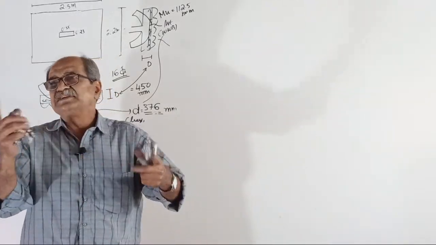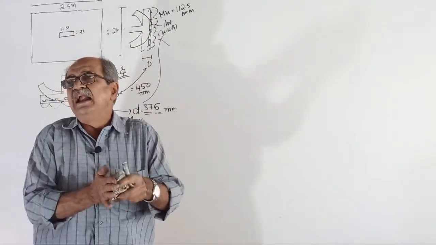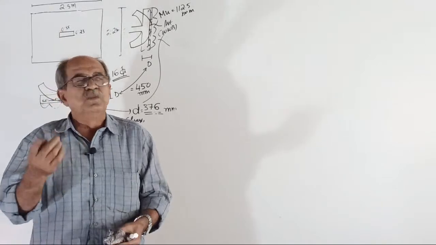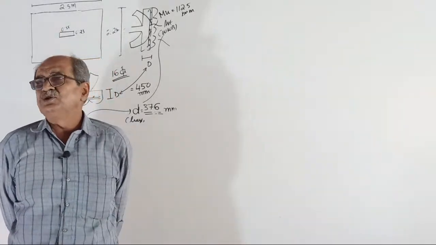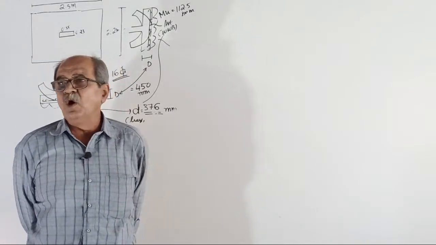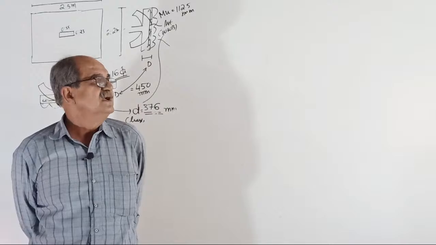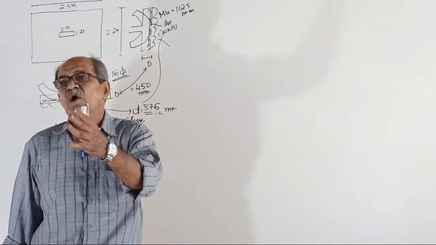The critical section moves away, which reduces the punching effect, and the resisting area becomes more. Therefore, suppose you got around 30% overstress, increase the thickness by around 15-20%. But anyway, we got safe.